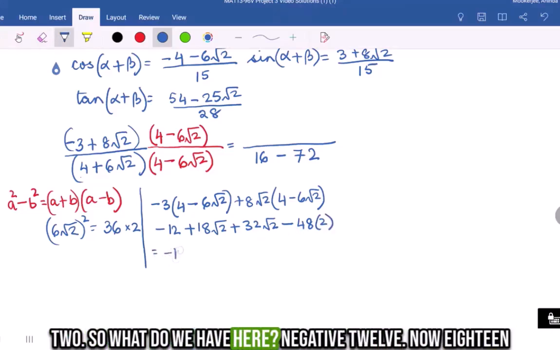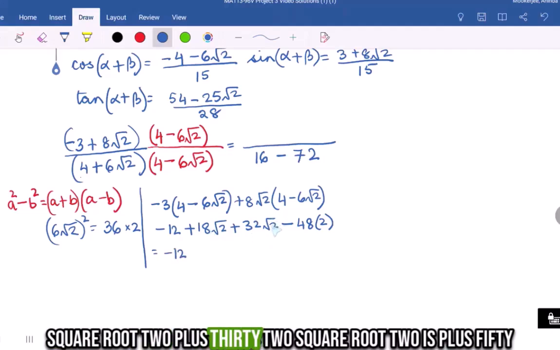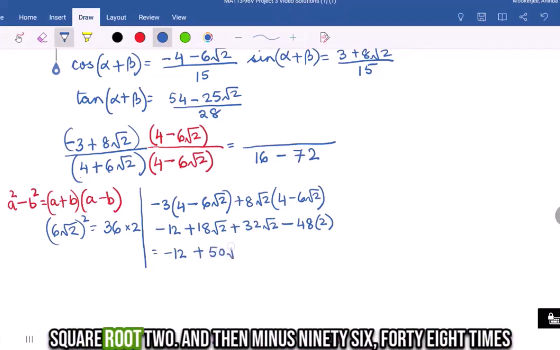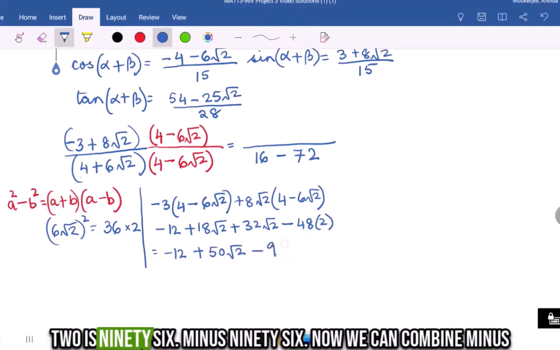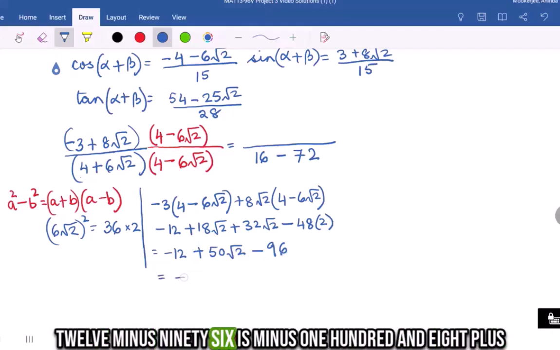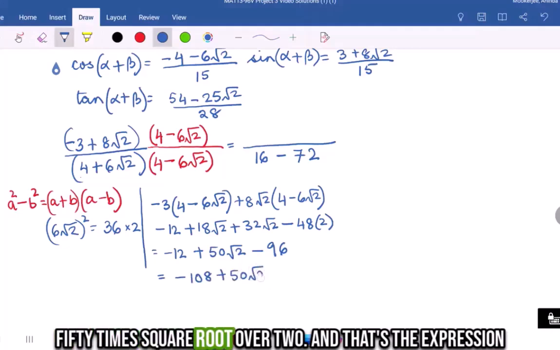So what do we have here? Negative 12. Now 18 square root 2 plus 32 square root 2 is plus 50 square root 2. And then minus 96. 48 times 2 is 96. Now we can combine minus 12 minus 96 is minus 108 plus 50 times square root over 2.